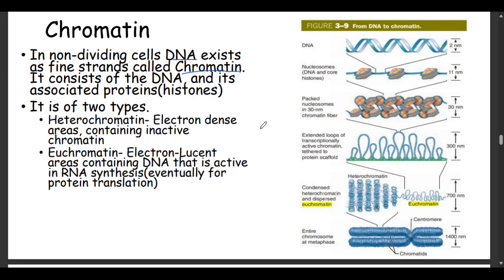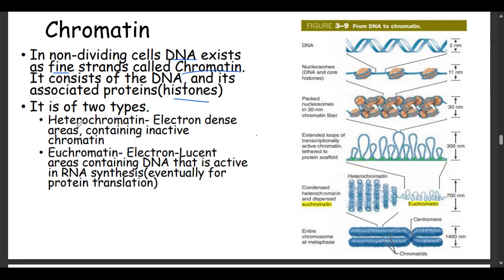So it's going to be one strand that is going to be very fine, like this. So that's like a strand of DNA that is very fine and is not coiled at all. That's what we mean by fine. By fine, we mean it's not coiled. It's called chromatin. So that DNA as it exists in fine strands is called chromatin, and it consists of the DNA and its associated proteins known as histones, the ones that we are talking about.